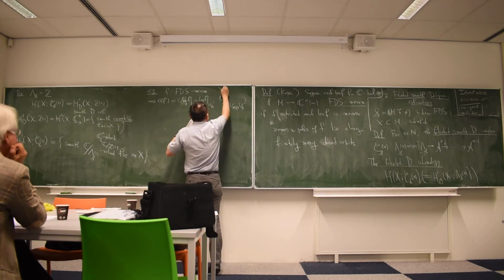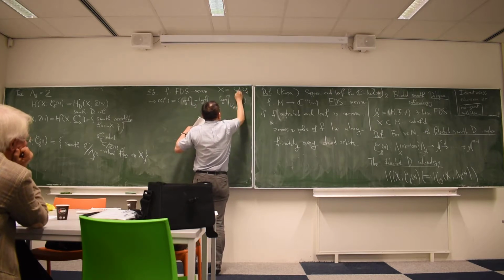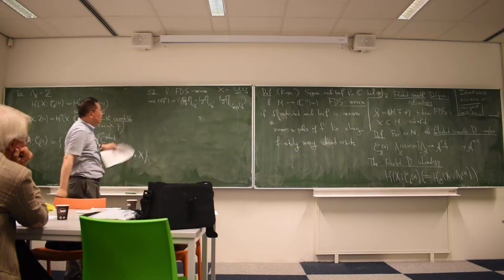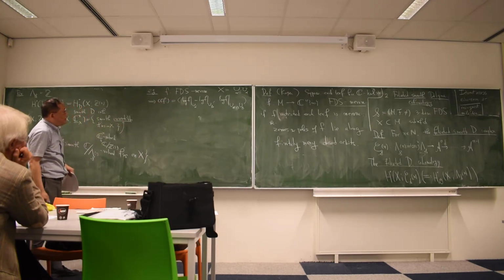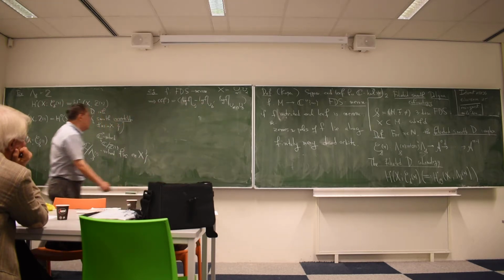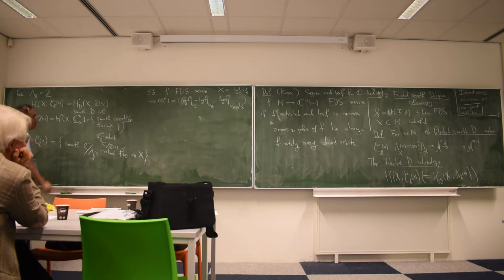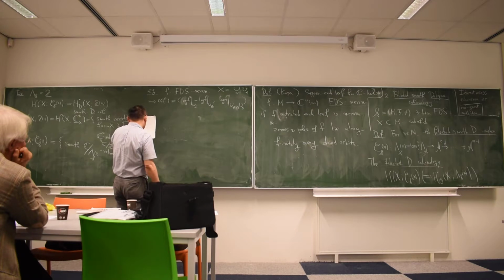Here U alpha is just an open cover of X. So if F is FDS meromorphic, then this Cech cocycle gives a cohomology class of our foliated smooth Deligne cohomology.